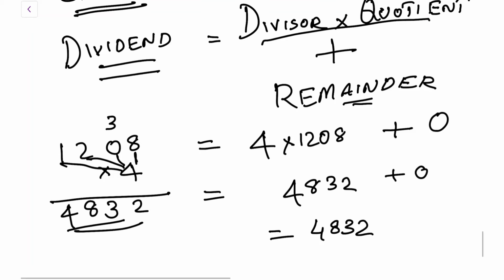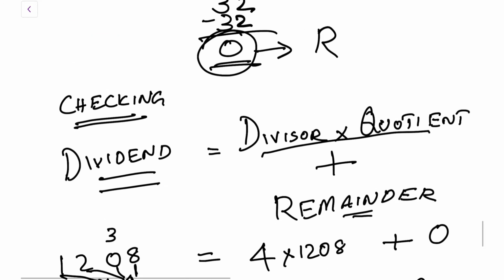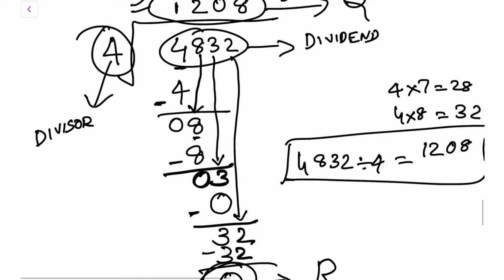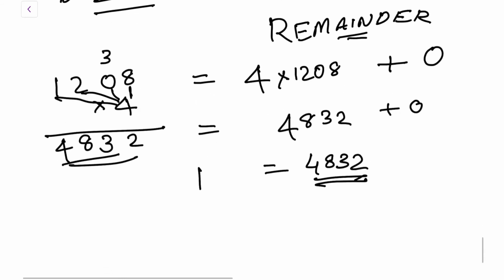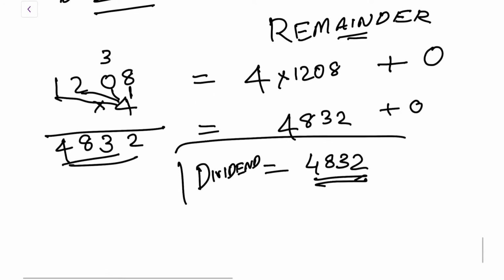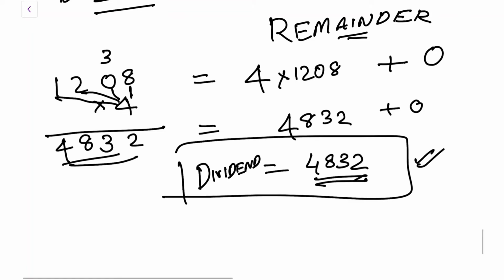Now let's see what is the dividend. On this side you got 4832. What about on the other side? Dividend. Yes, dividend is also 4832. So we can confirm that this is actually dividend. So we know that the answer is correct. This is how you can check.